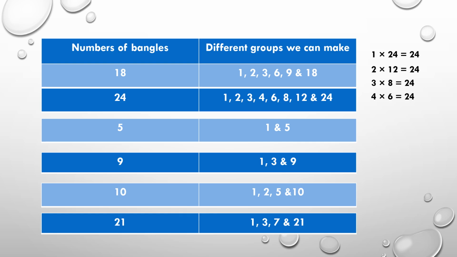When I am making groups of 7 bangles, 7 bangles, then 7, then 7. 7 plus 7 plus 7 is equal to 21. And how many groups are there? 3. So I can say 3 groups of 7 bangles.